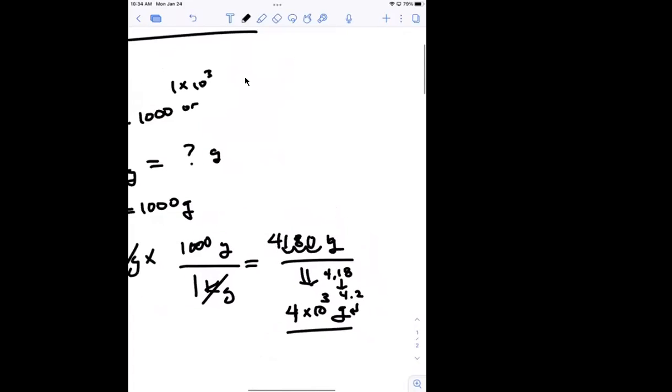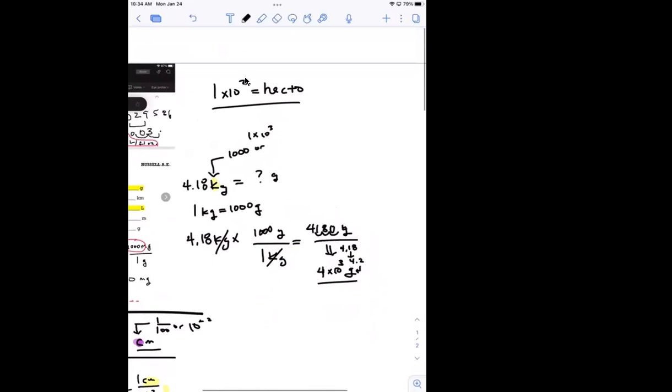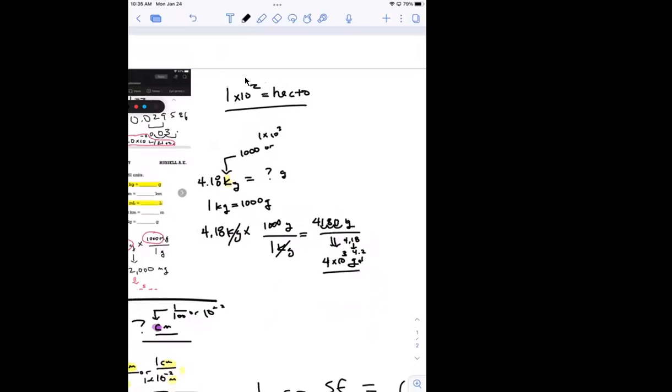Times 10 to the third grams. Again, it's more uncertain. If you owe $4,180 on your car and you only give them 4,000, they're gonna come after you and mess your credit up.